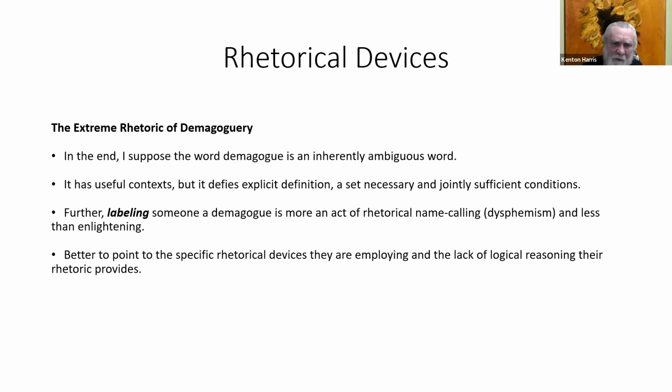Better to point out the specific rhetorical devices that they are employing, whether that's othering, demonizing, etc., rather than just calling them a demagogue, because that would be a clearer, more enlightening and more useful way of critically engaging their rhetorical overreaching.